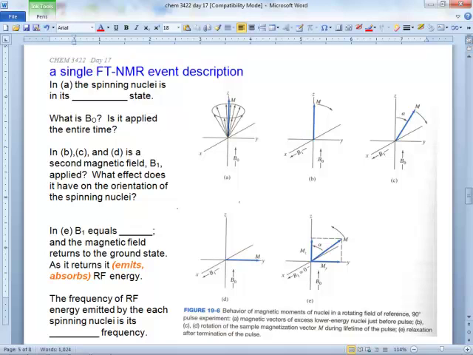Take a close look at what's going on here. You have the spinning little nucleus. That little blue arrow never disappears, so it's always spinning. You can't stop the spin. What's this B naught? That's the applied magnetic field. Does it ever turn off? No. So that's just the big picture of what's going on here. What happens in B?